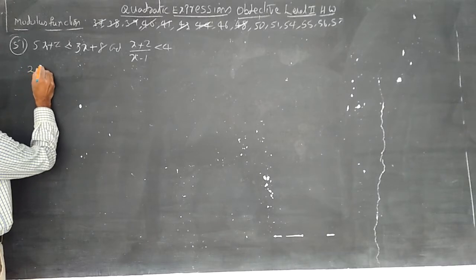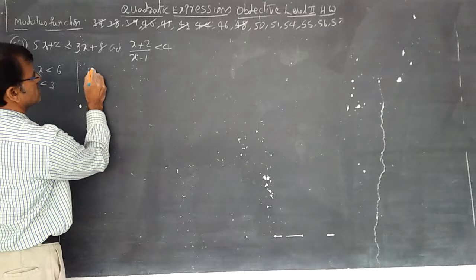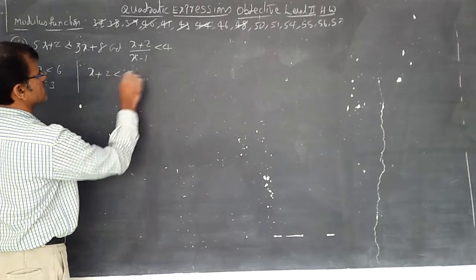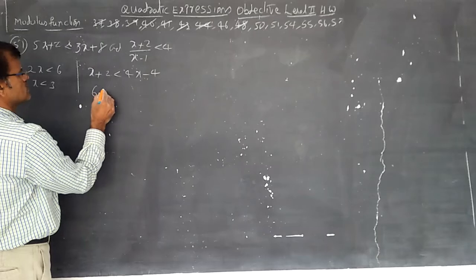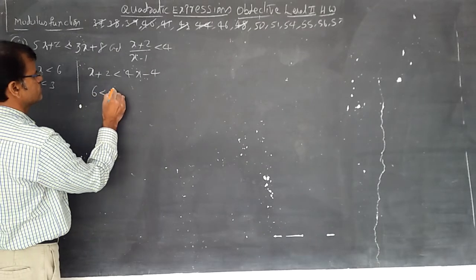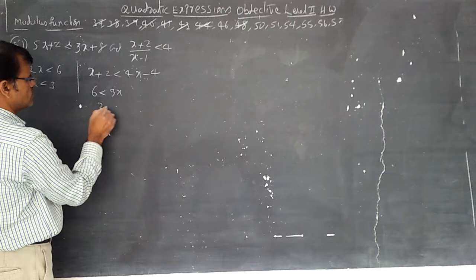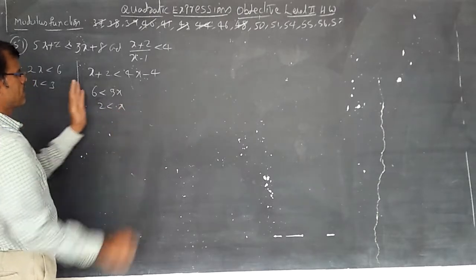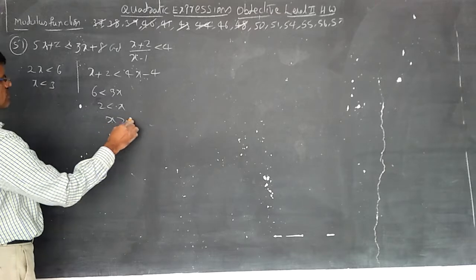Here 2x less than 6, this is simply x less than 3. x plus 2 less than 4x minus 4. 6 less than 3x, so 2 less than x. x less than 3, x greater than 2.